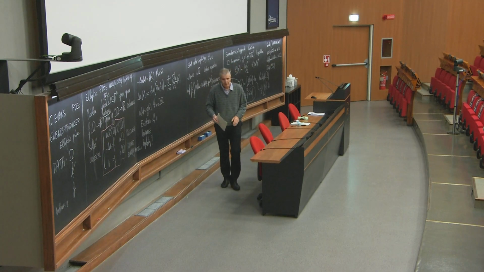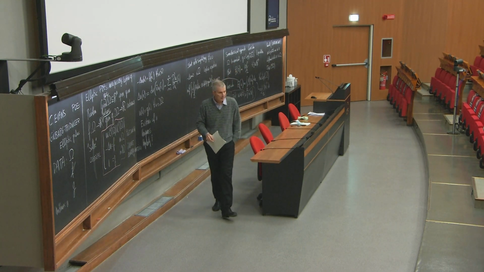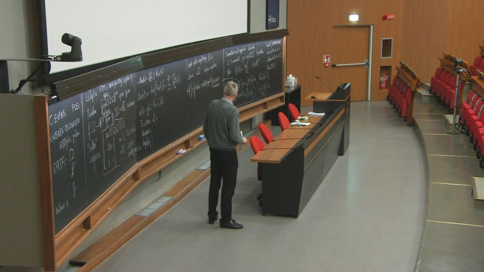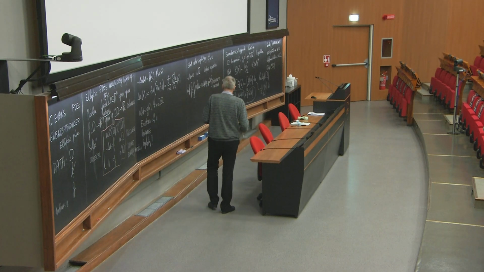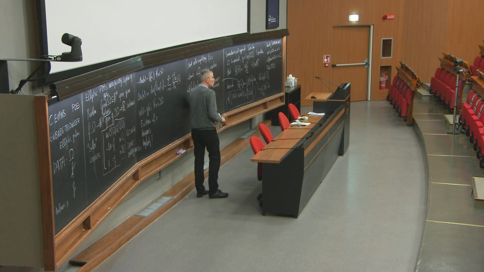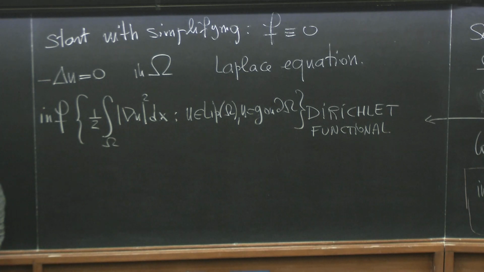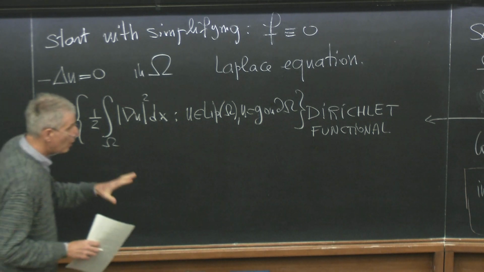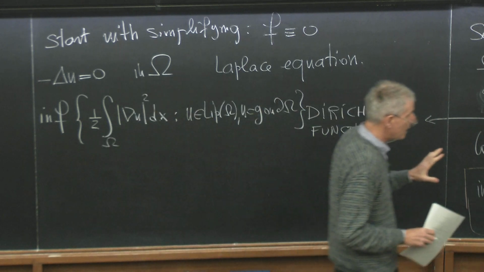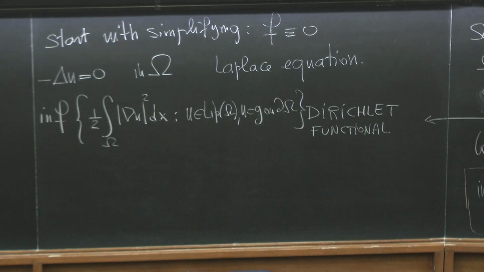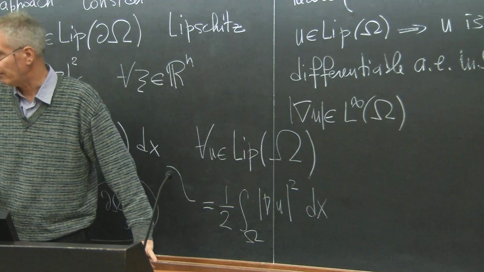But just to start smoothly, putting this in L2 would need the Sobolev spaces. So I don't want now to discuss the problem of Sobolev spaces. In order to avoid the machinery of Sobolev space, I start to work in this class, Lipschitz, no Sobolev.